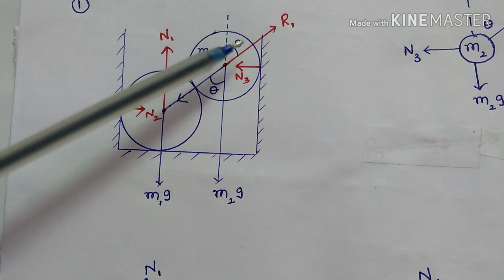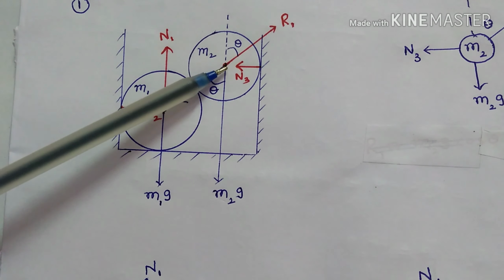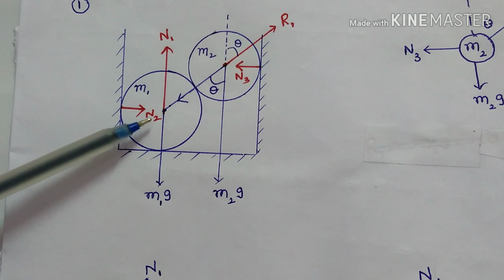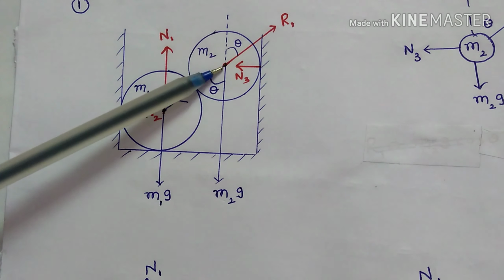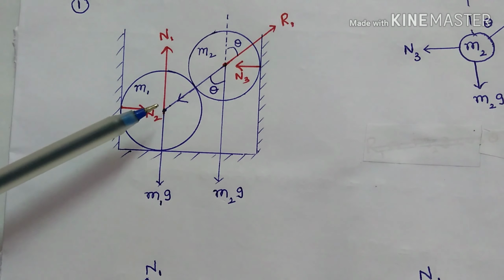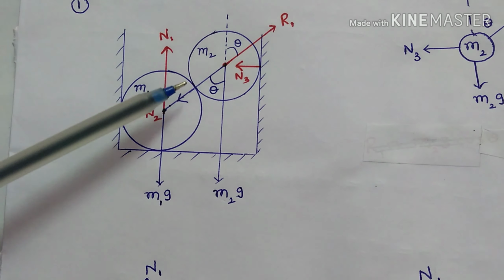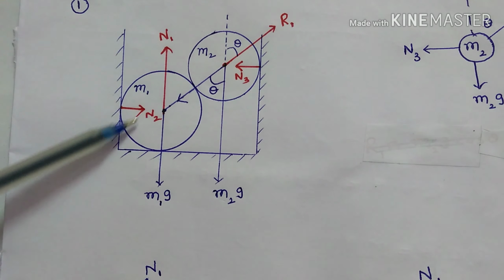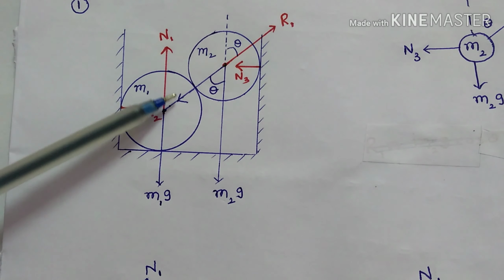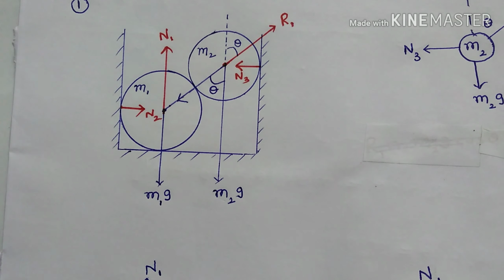At the same time, this M2 also exerts a force on M1 along this direction. So definitely, if this is R1, this must be R1, because action is equal and opposite to reaction, no? So M2 exerts a force on M1 along this direction, that is R1. This M1 exerts a force on M2 along this direction, that is R1.